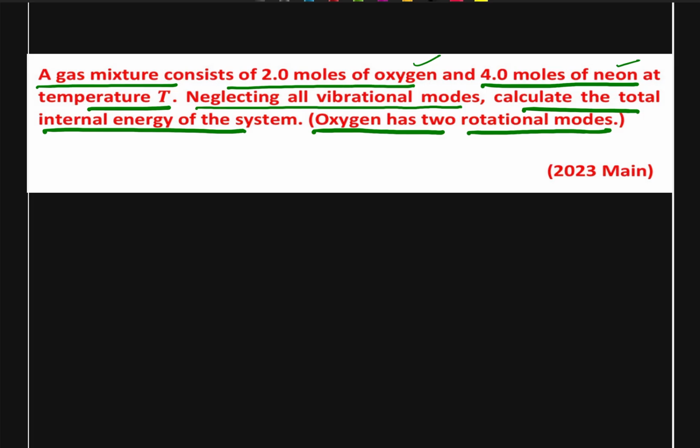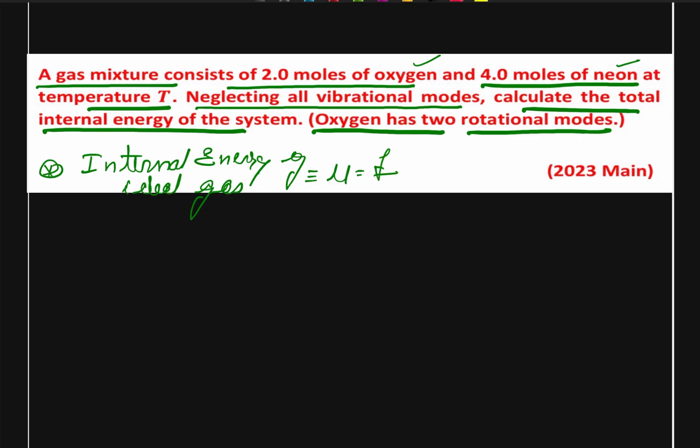And we know the formula for the internal energy of an ideal gas: U is equal to f upon 2 nRT. Here f is our degrees of freedom.